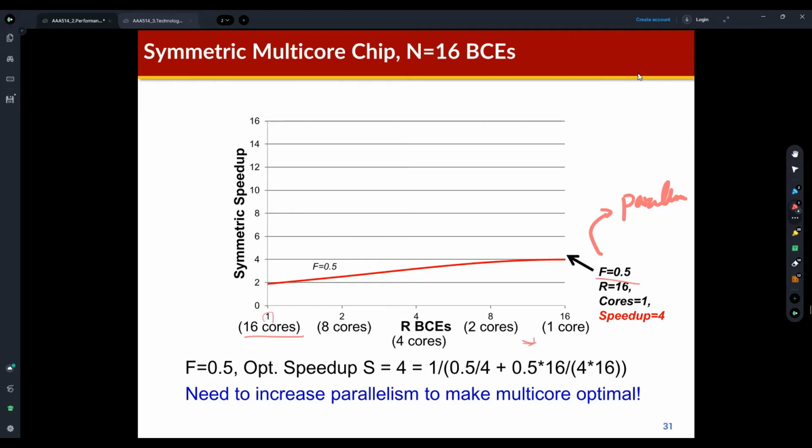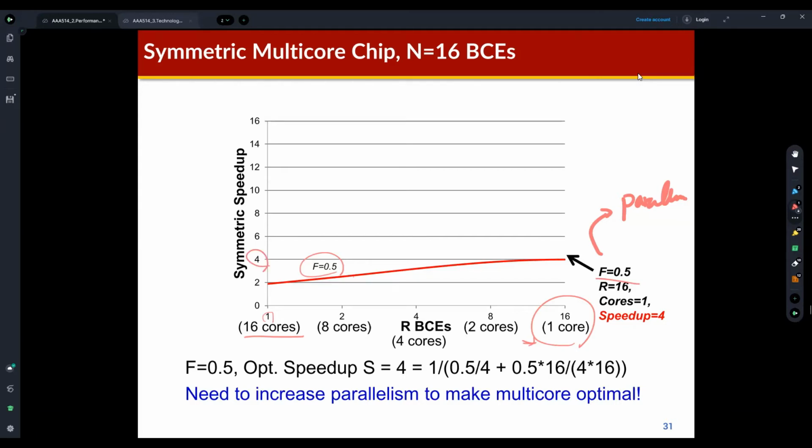Then the graph looks like this for F of 0.5. In this case, the speedup is best if we apply the 1 BP core, one enhanced core. Then the speedup is about 4.